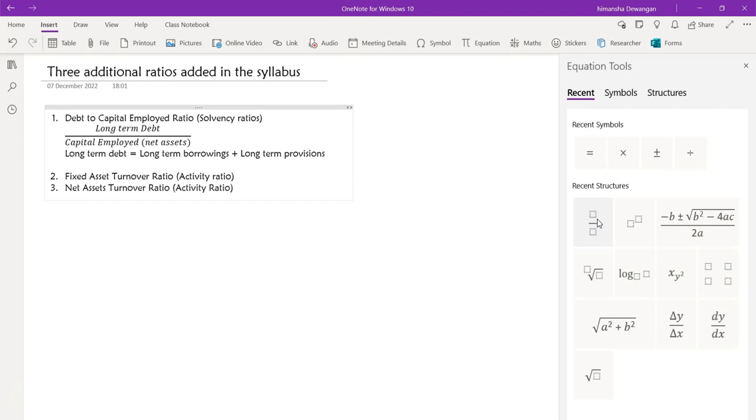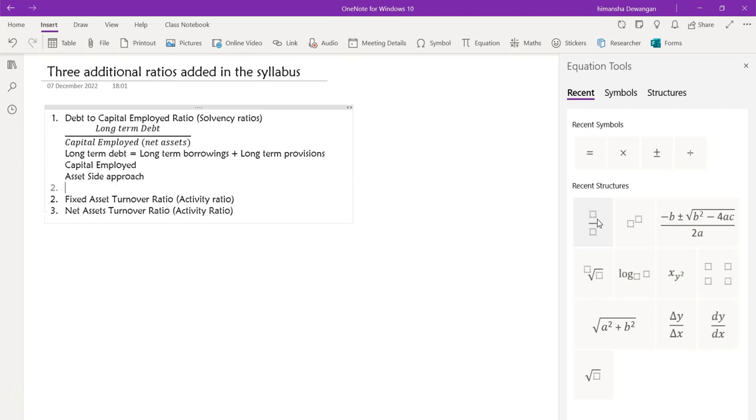Clear, Ayushi? Yes. Now the denominator part, capital employed. What is the capital employed, Ayushi? We had also studied this part in the previous ratios. Asset side approach and liability side approach. Do you remember now? Yes, ma'am. So under the asset side approach, what we do?